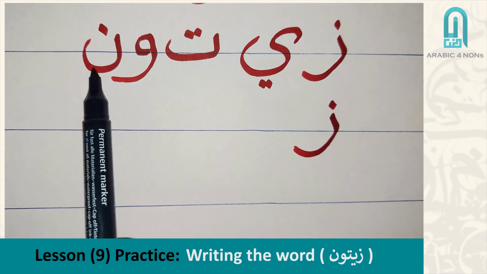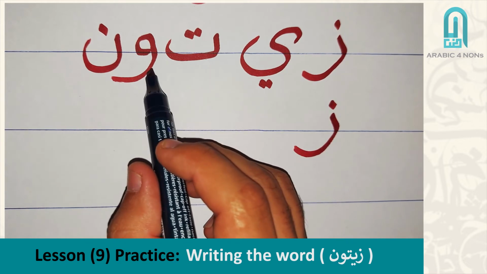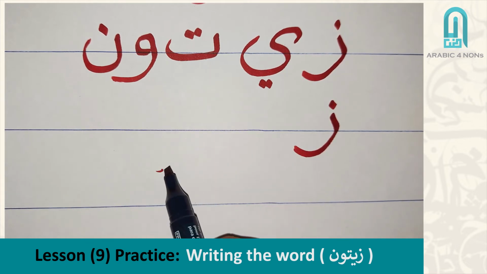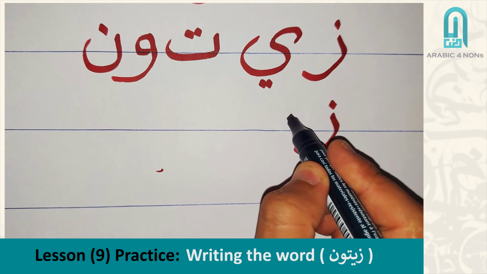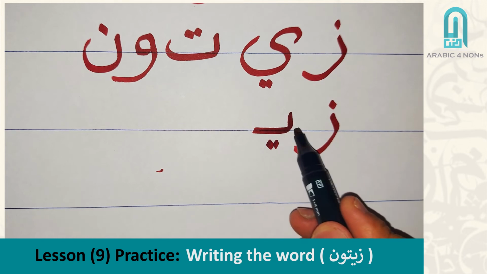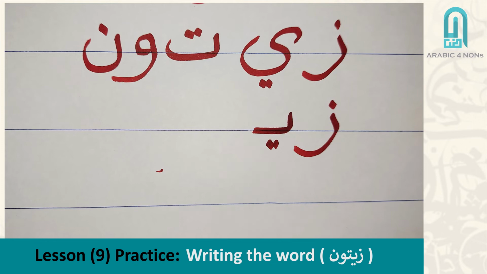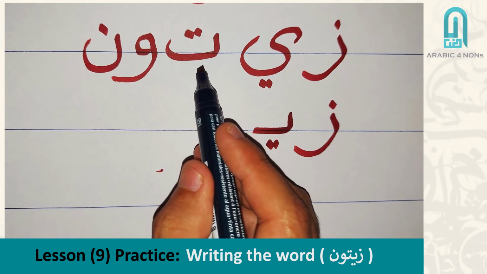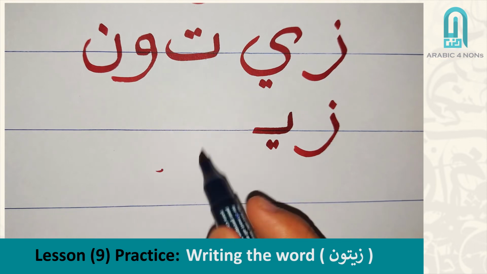Now this one is a start face, obviously, because it's the first letter in the word. This one, letter N, is a tail face because it's the last letter in the word. But what about these three letters in between? Three of them are considered to be middle faces. So the middle face of this one, we completely change it like this. Here, there is no line from the right side, but we have a line from the left side. The next one, letter T, we delete this pen and leave this one, like this.